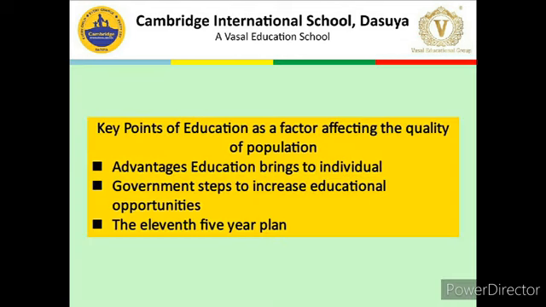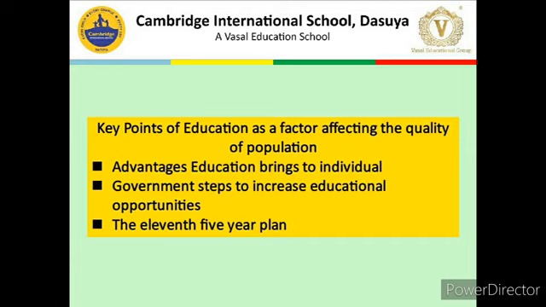Now, students, let's have a quick revision of key points of education as a factor affecting the quality of a population. First of all, we talked about the advantages that education brings to the individual as well as society, which include providing new aspirations and developed values of life.